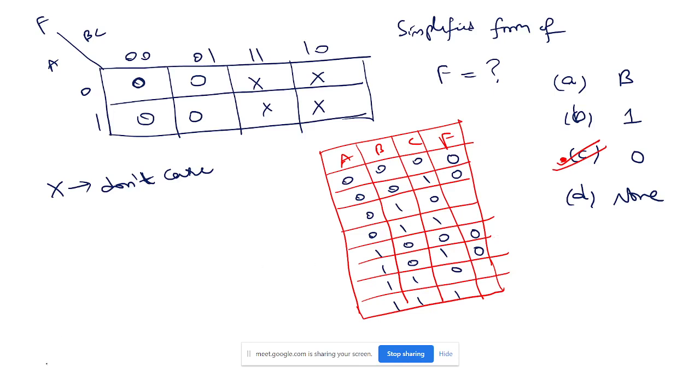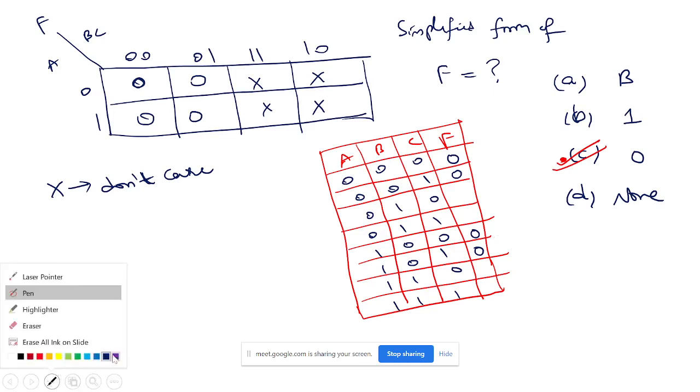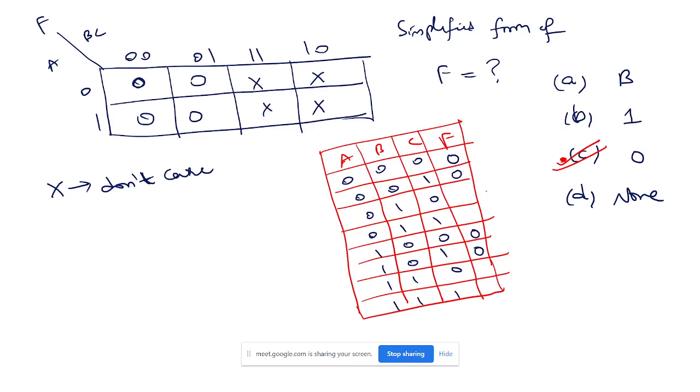What about other combinations? What about this combination? This combination? Okay, what does it mean literally in terms of logic value?